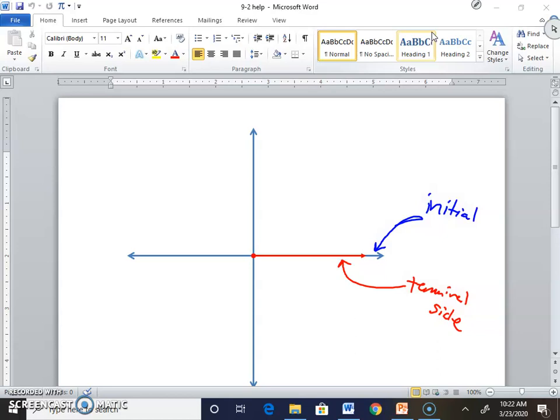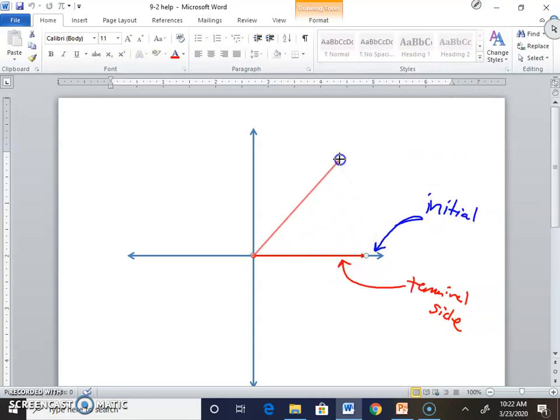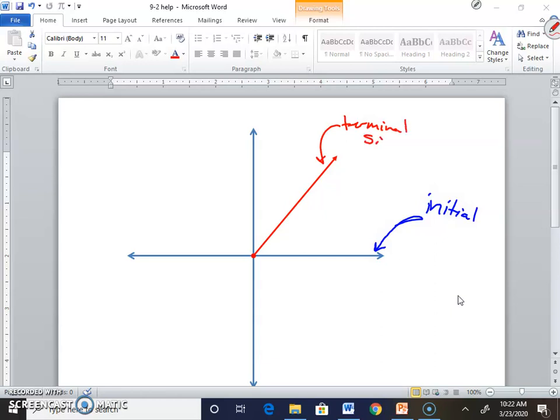Now, I can take that terminal side and rotate it. For example, say I've got this terminal side here, and when I rotate this terminal side, there's going to be an angle formed.